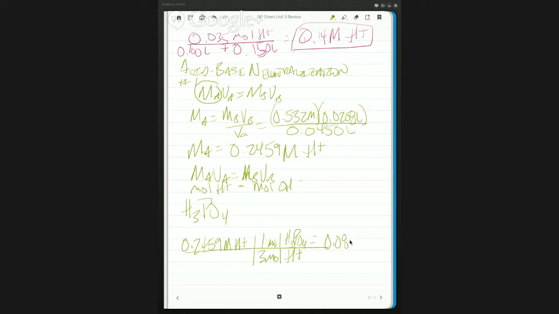If I round to 3 sig figs, my answer is 0.0820 molarity H3PO4. That's my answer for number 1, the backside. So it's just MAVA equals MBVB, but you have to remember that when there's more than one H or more than one OH, you might have to multiply or divide to get your final answer.